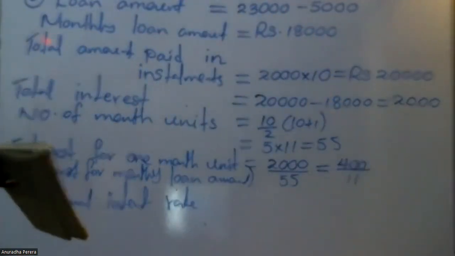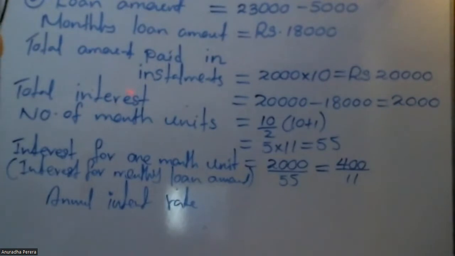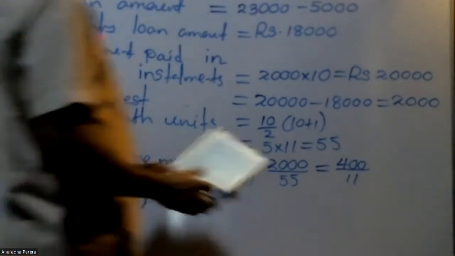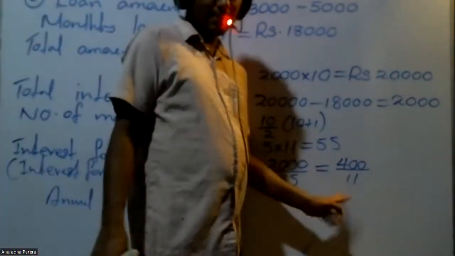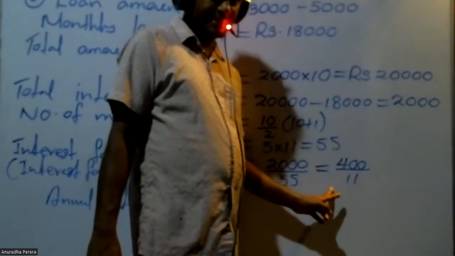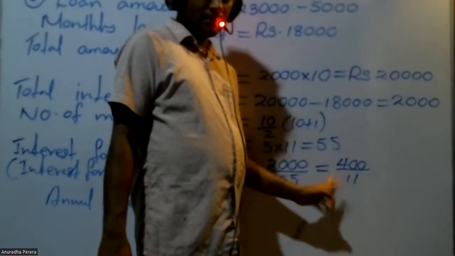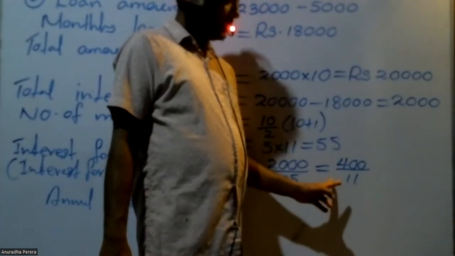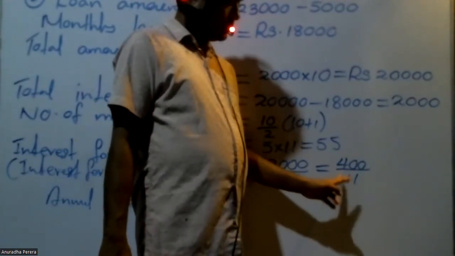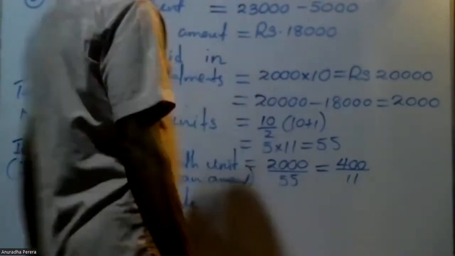Yes, interest for 1 month is 400 over 11. No need to find the decimal value. This is not the final answer. I think it is most suitable to substitute this to find the interest rate.